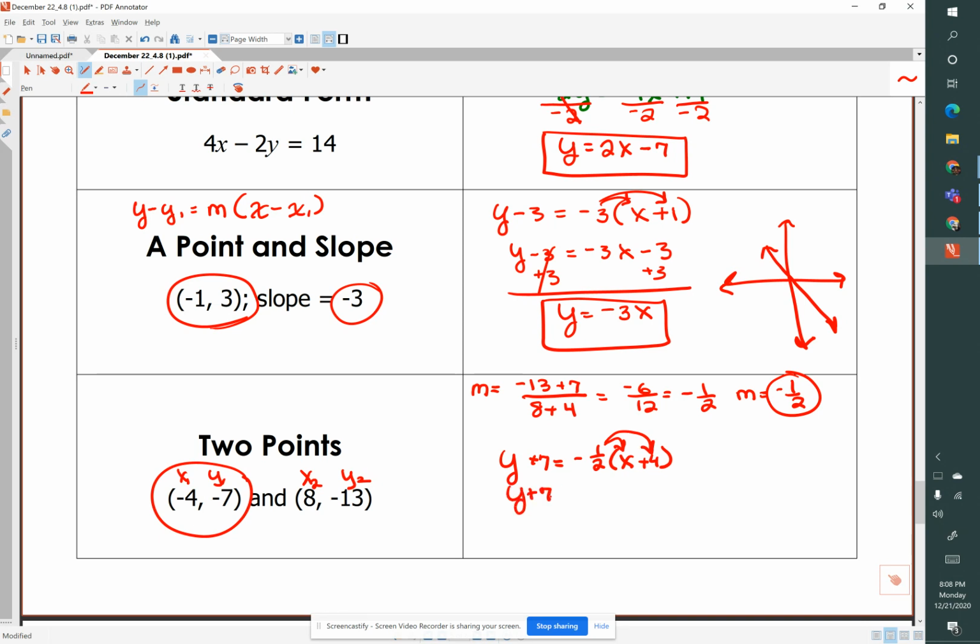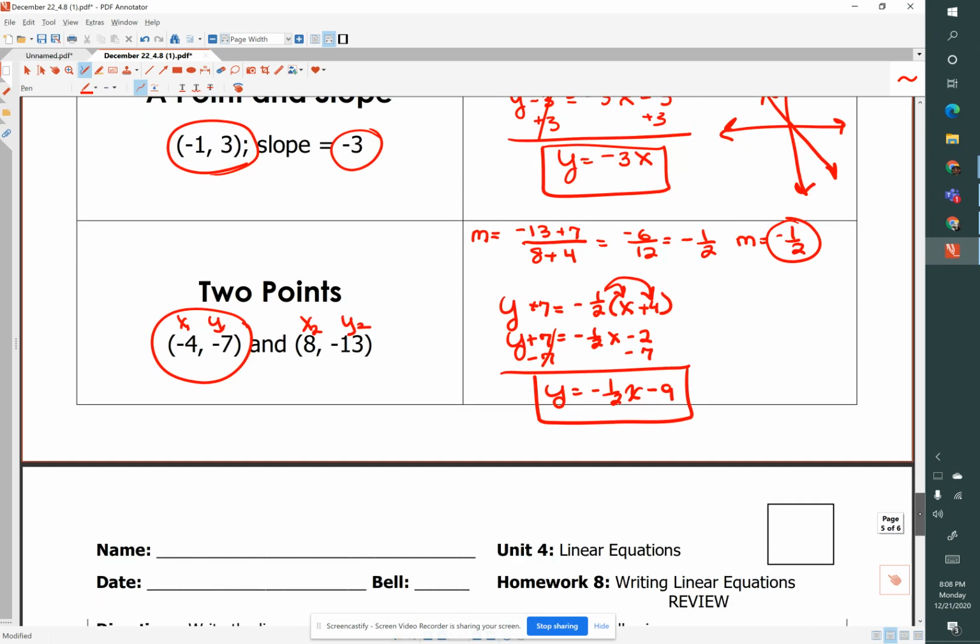Y plus 7 equals -1/2 x minus 2. And we subtract 7 from both sides to leave us with y equals -1/2 x minus 9. And that's our final answer in slope-intercept form. So that's it for the graphic organizer.